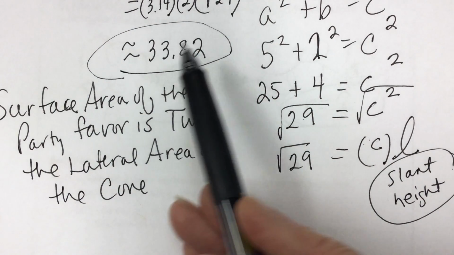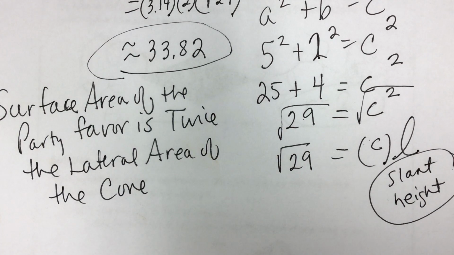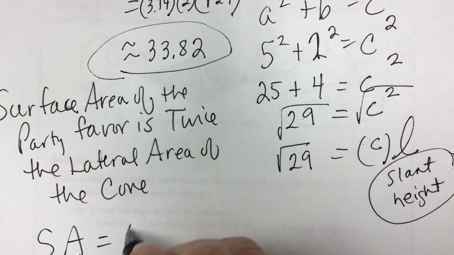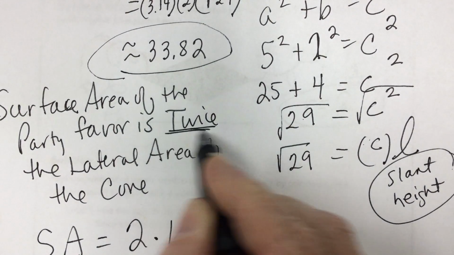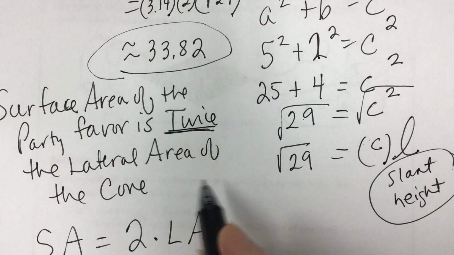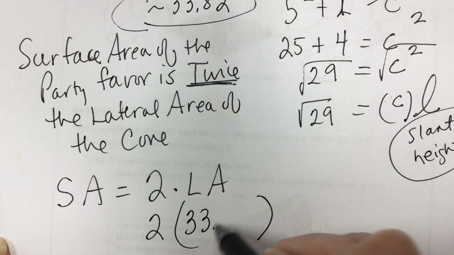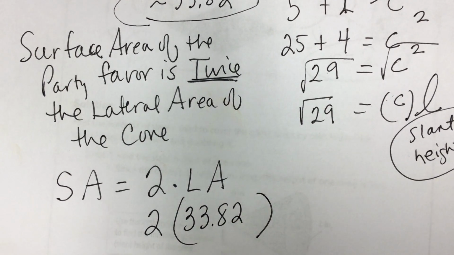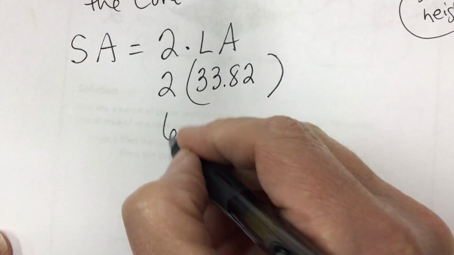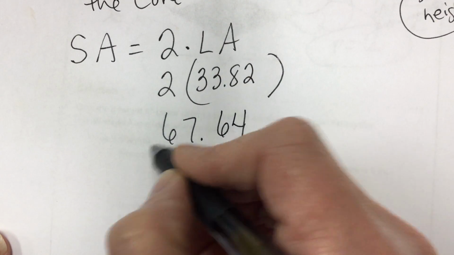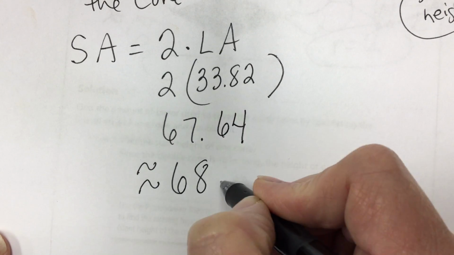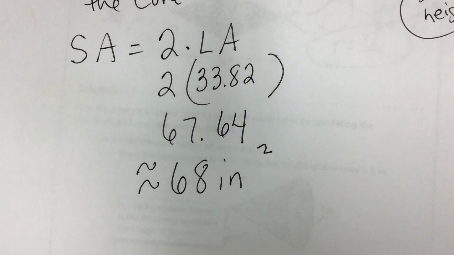So surface area is going to be 2 times the lateral area, which we found to be 33.82. When you multiply those together, you get 67.64, which rounds to 68 inches squared. So the amount of paper needed to cover the party favor, which was two party hats stuck together, is about 68 inches squared.